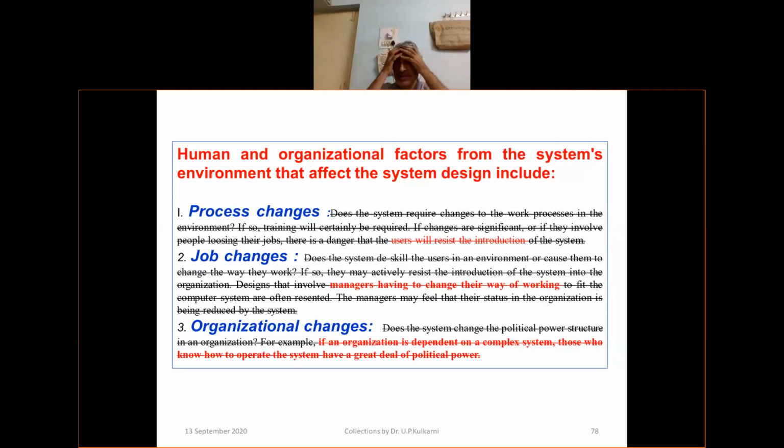See, whenever you bring a change in the process, whenever there is a change in the job profile, whenever there is an organization change, people oppose that. Now look at some of these things. Does the system require a change to work processes in the environment? If so, training will certainly be required.